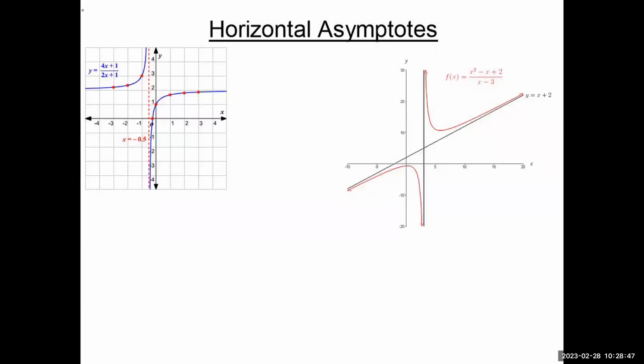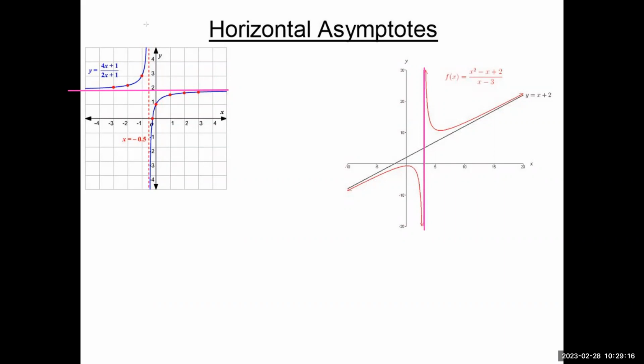Here we see some more, and we're going to see our 3rd kind of asymptote. But let's start with the one on the left. We see that red dotted line. That's a vertical asymptote, right? The horizontal asymptote would be this right here. So it has one vertical and one horizontal. If I come over to the one on the right, it shows me my vertical asymptote.